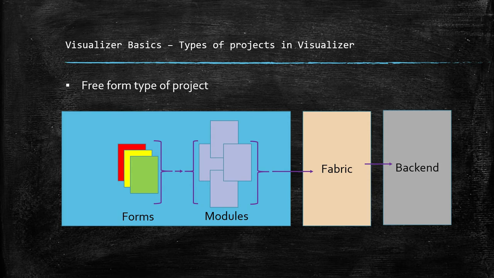If you are trying to fix a bug in a particular module, let's say in your login module, because there is no clear segregation of which JS files or which forms are taking care of the login module, you would end up going through the entire code to understand where the login functionality is implemented and to fix the bug in that login flow.